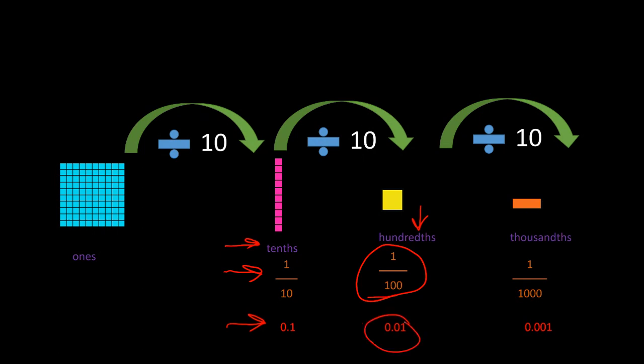And then we have our decimal of 0.01. The same thing happens with our thousandths. Our model gets fatter or shorter. And then we have our fraction and our decimal.